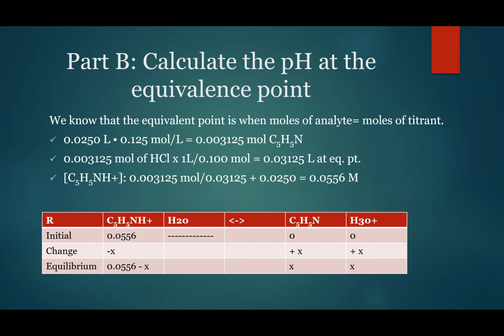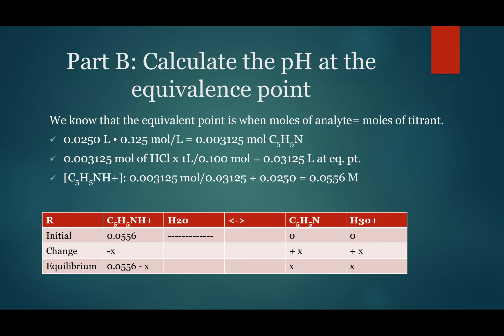Part B, calculate the pH at the equivalence point. We know that the equivalence point is when moles of analyte equal moles of titrant. So we have the initial or original amount of moles of C5H5N, which is 0.003125 moles.